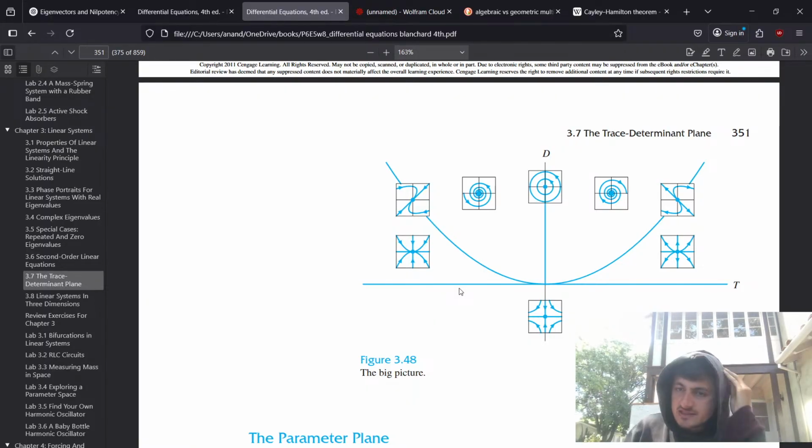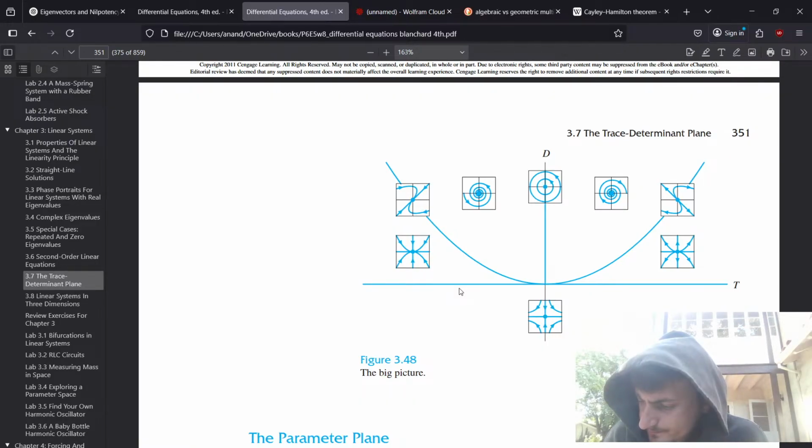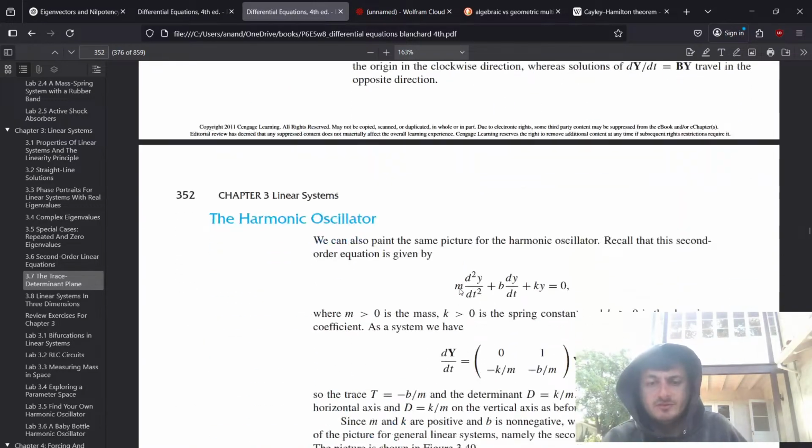As long as D is negative, as long as the determinant is negative... I gotta think about that second one, but that's okay. All right.